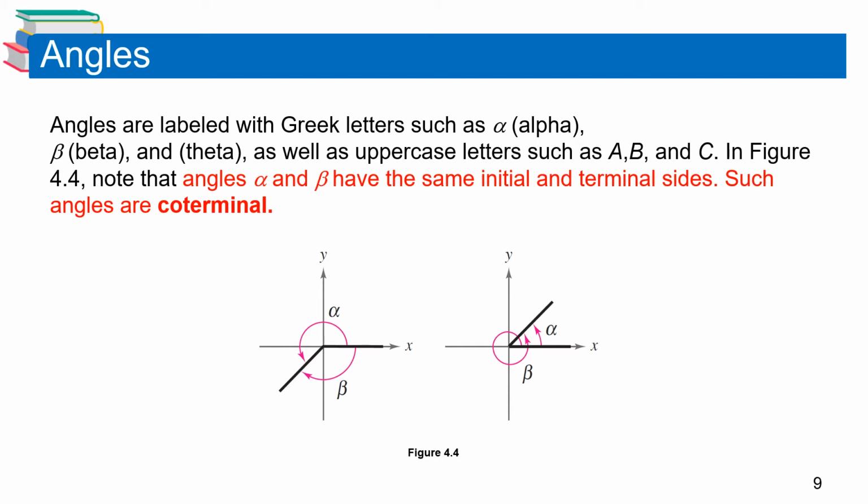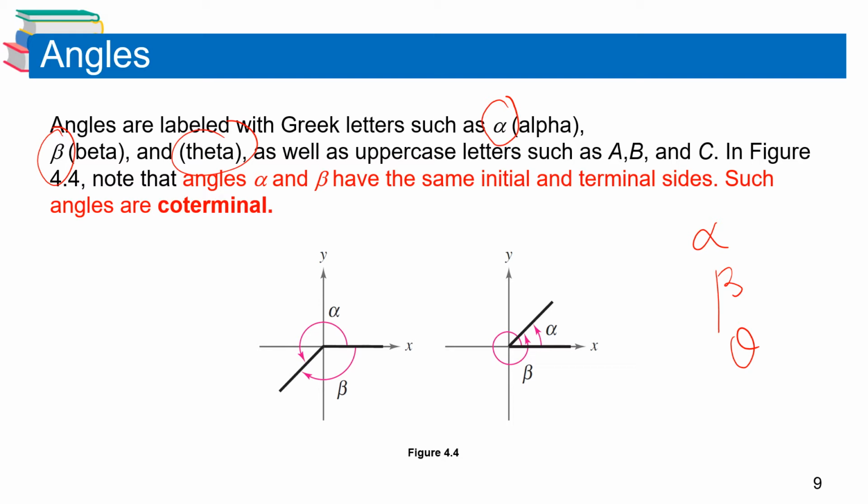Usually, the angles are represented by Greek alphabets, alpha, beta, and theta. So we use this type of symbols, alpha, beta, or theta. Here in these two diagrams, you have alpha and beta represented.